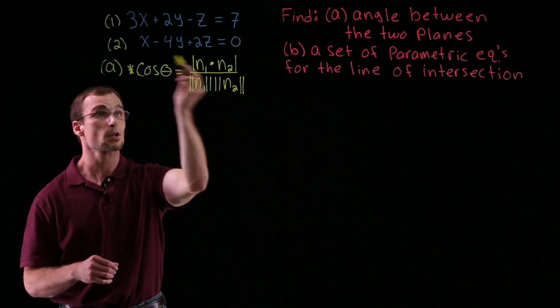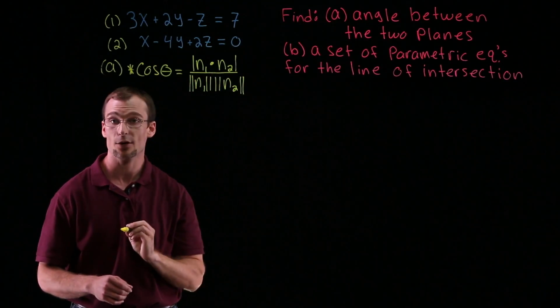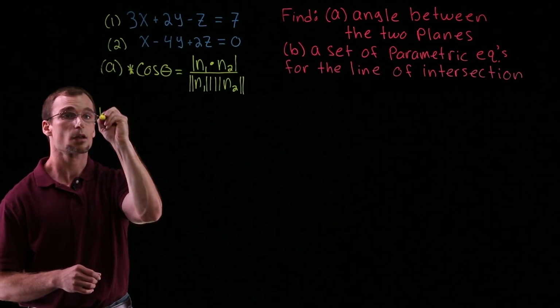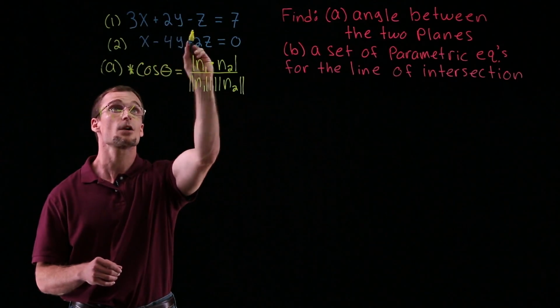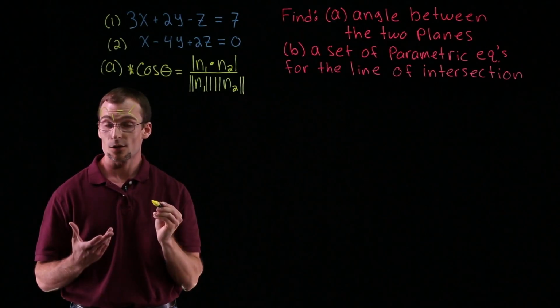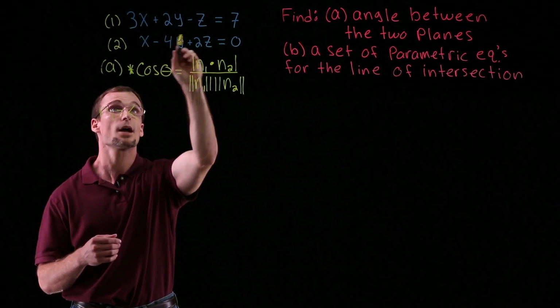So in order to find the cosine of the angle between the two planes, we need to find our n1 and our n2. So n1 we can find pretty easily just looking at the equation of our first plane. The normal vector is going to have components which are the coefficients in front of x, y, and z.